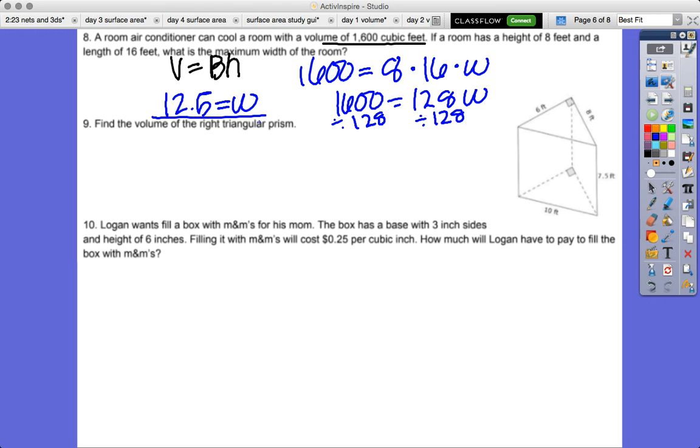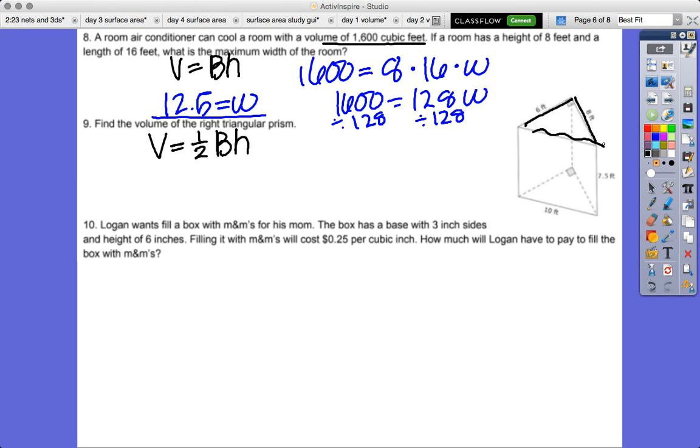Number 9 says to find the volume of the right triangular prism. We know that when we have a triangular prism, we're going to say 1/2 times the area of the base times the height. I've taught my students that we go off the dimensions by the right angle. We don't use this side, which is called the hypotenuse, when we're finding the area of these prisms.